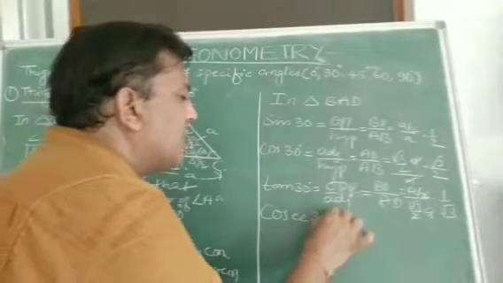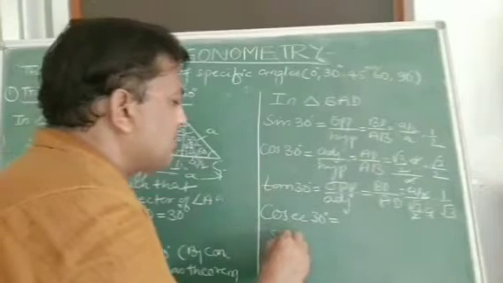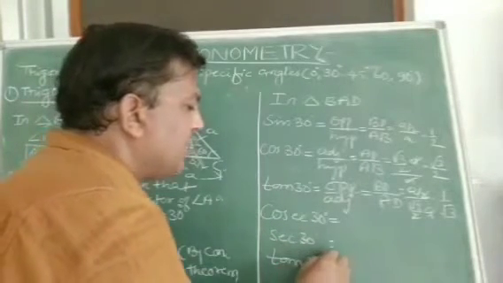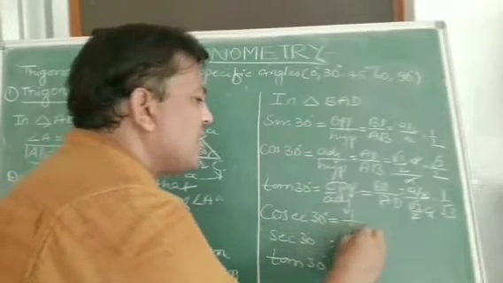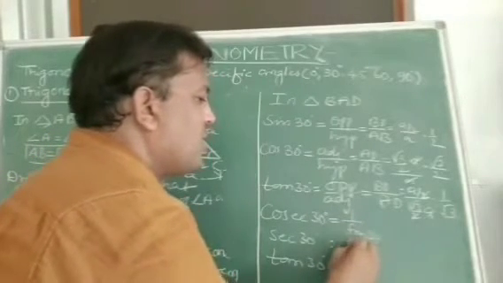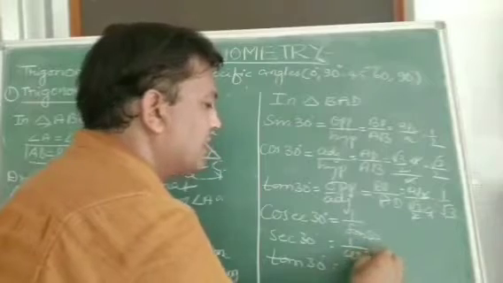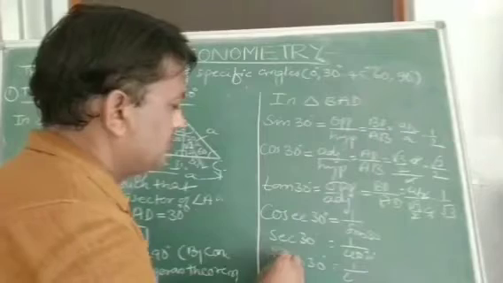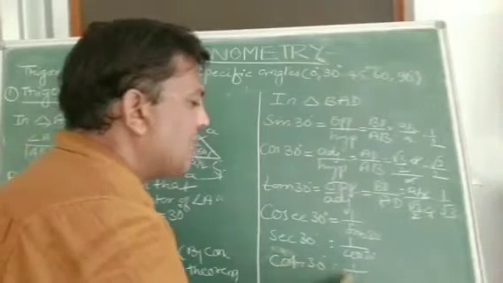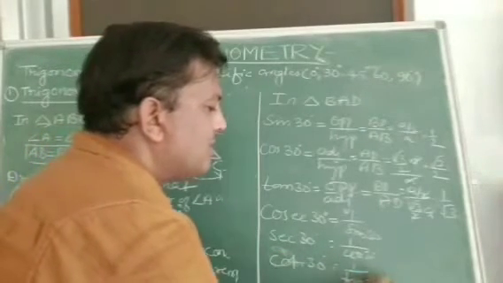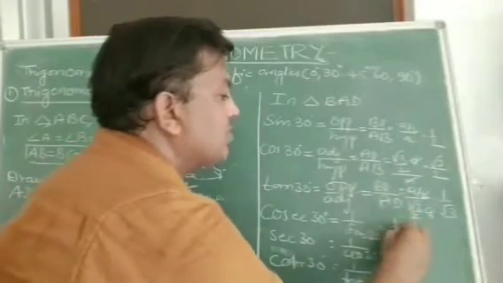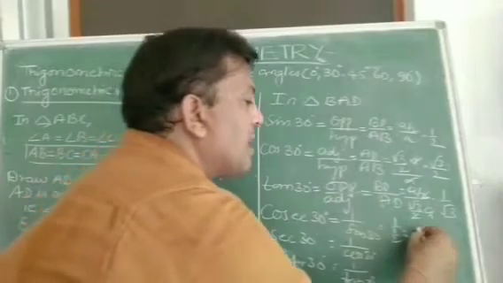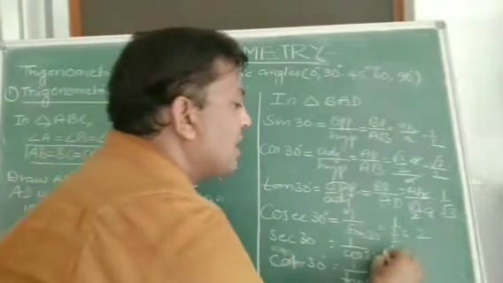Find out cosec 30, sec 30 and cot 30 degree. You can find them in two ways, children. One as 1 upon sin 30, 1 upon cos 30 degree, and 1 upon tan 30 degree, that is cot. So sin 30 is 1 by 2. 1 by sin 30, 1 by 1 by 2, means 2. 1 by cos 30.